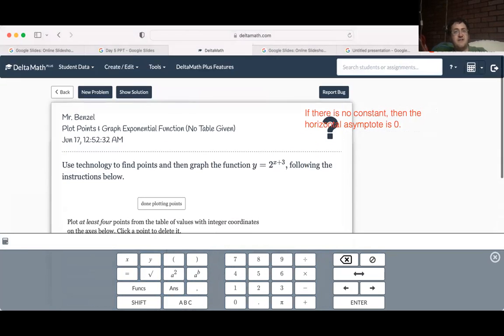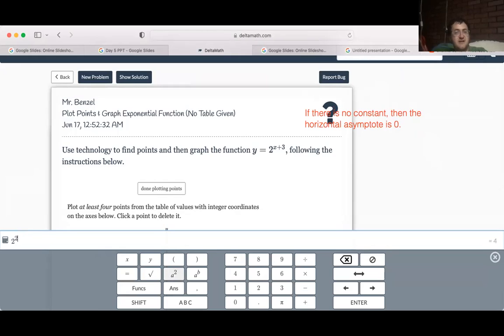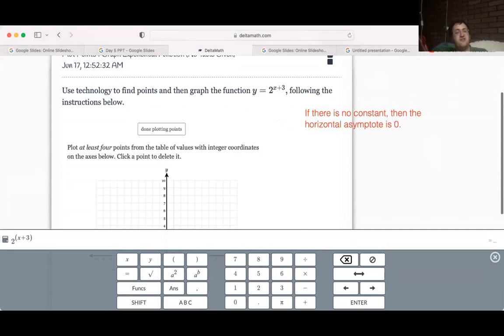And I'm just going to write down in my calculator 2 to the x plus 3 in the exponent. Use the exponent key, and we'll just put in parentheses x plus 3, letting us know that we are exponentiating that.